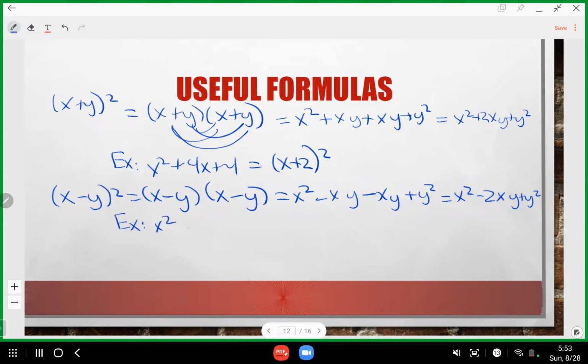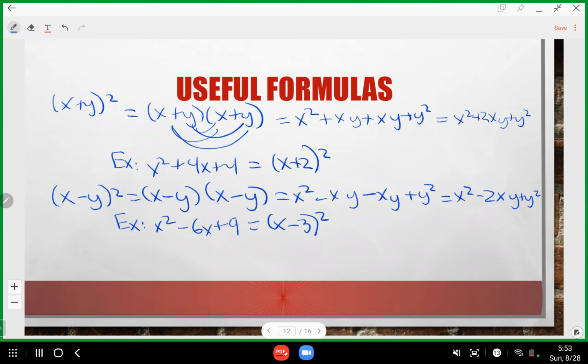If it's x squared minus 6x plus 9, basically what you have is x minus 3 squared. And once you start working more with these, you'll begin to recognize them more. You'll be able to recognize instantly, that's x minus 3 squared. Instantly, that's x plus 2 squared.